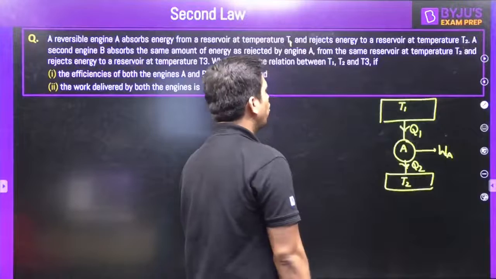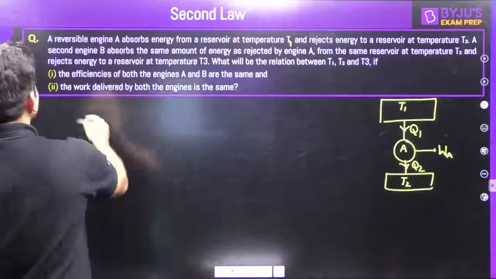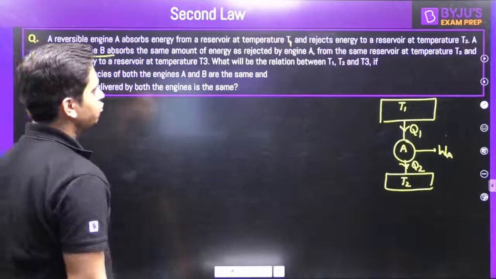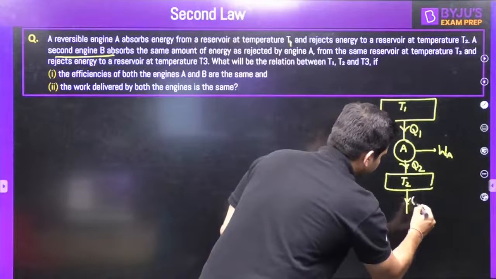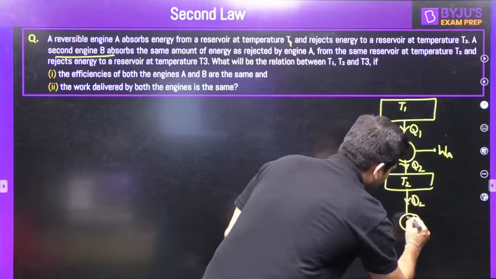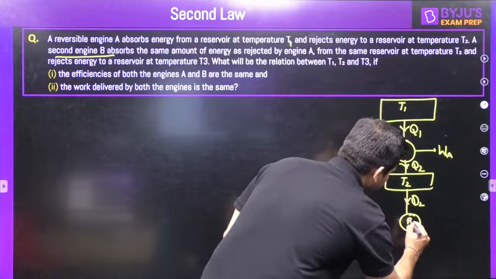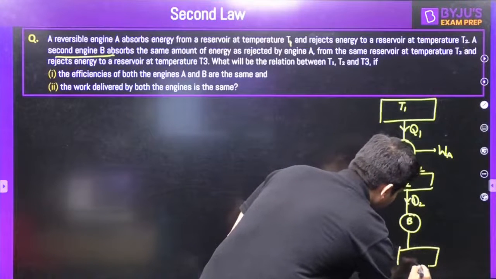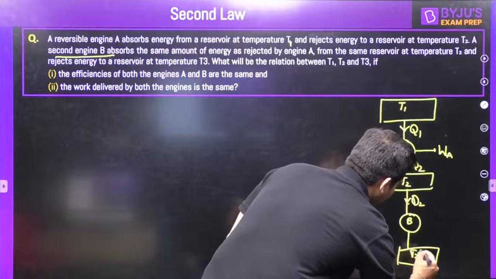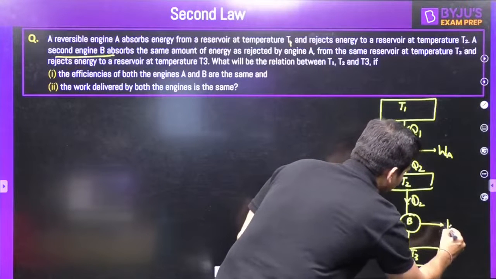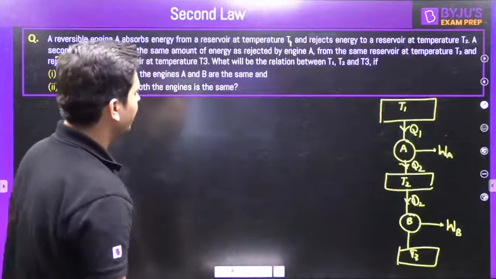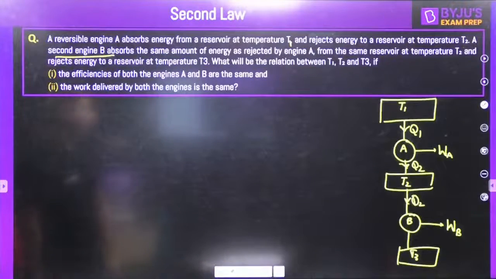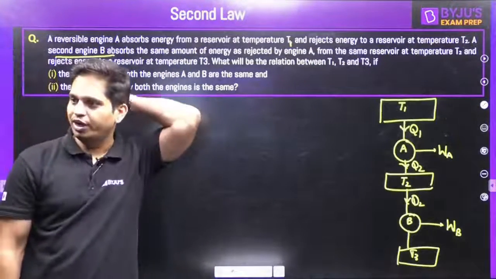Now there is one more, second engine B, absorbing the same amount of heat Q2 and rejecting at T3, producing WB. Now they are asking what is the relationship between T1, T2 and T3.